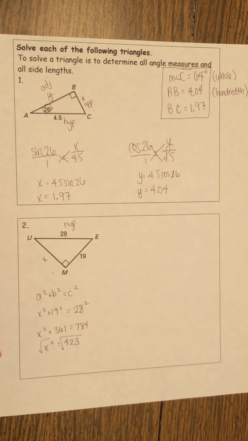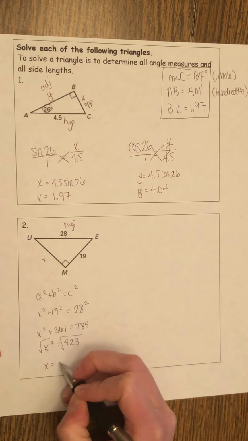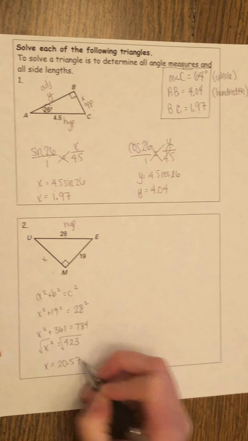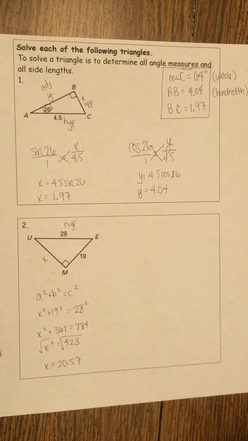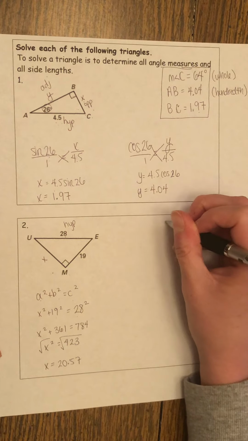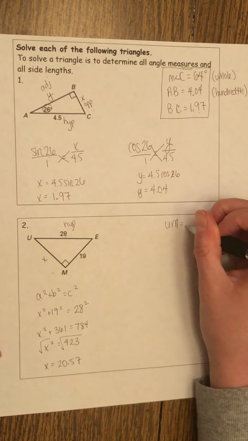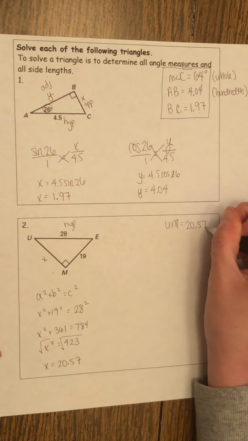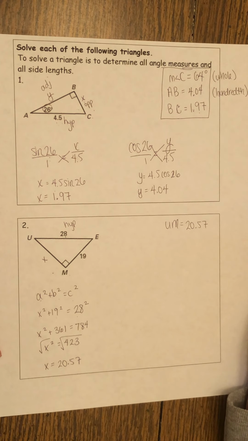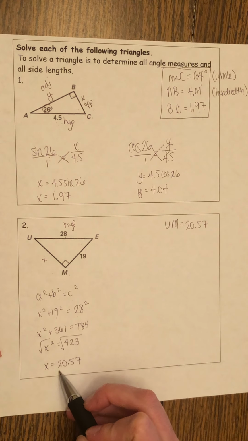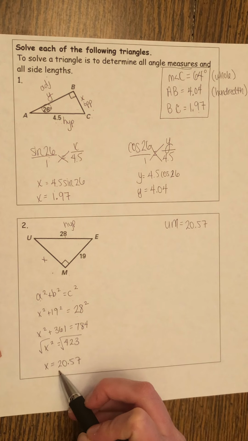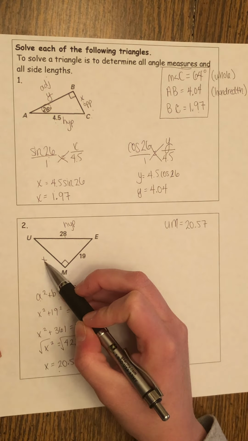I'm going to take the square root of both sides. I'm going to, again, round to the nearest 100th. So x is about 20.57. Again, I'm only looking for the positive root because x is a side length.